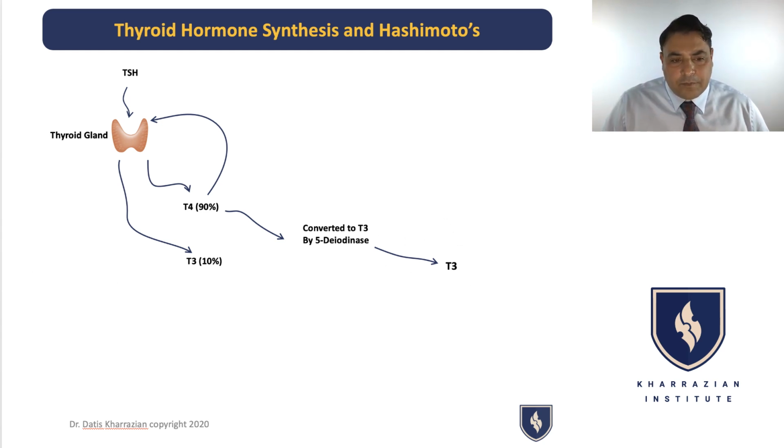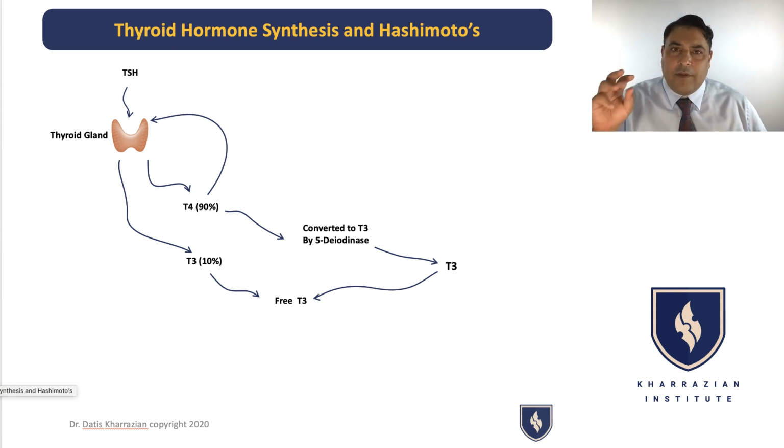Now, if you look at this diagram, one of the things to understand is that the hormones produced, T4 and T3 from the thyroid gland, and even the thyroid hormones converted from T4 to T3, are all bound to a protein. The main protein is thyroid binding globulin. When those thyroid hormones are bound to a protein, they can't bind to a receptor.